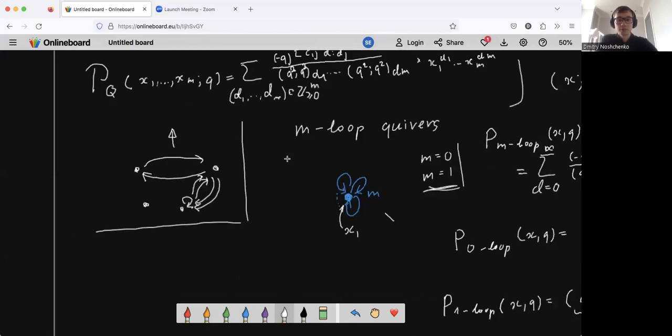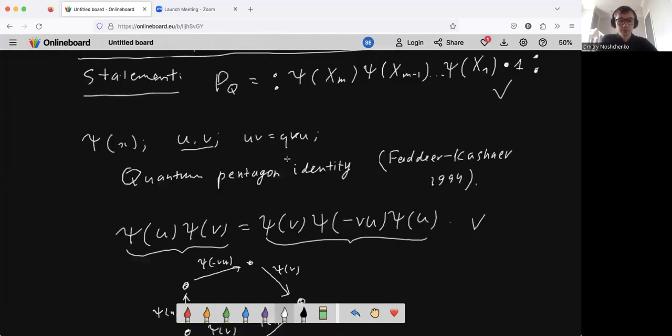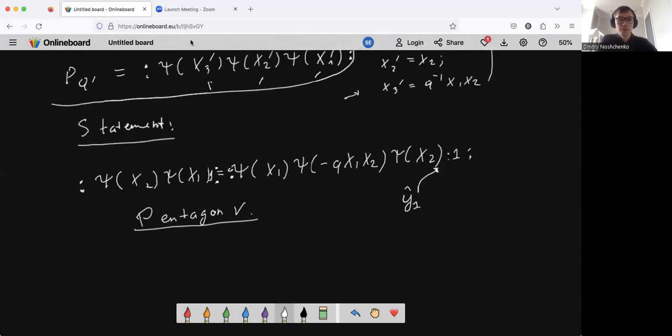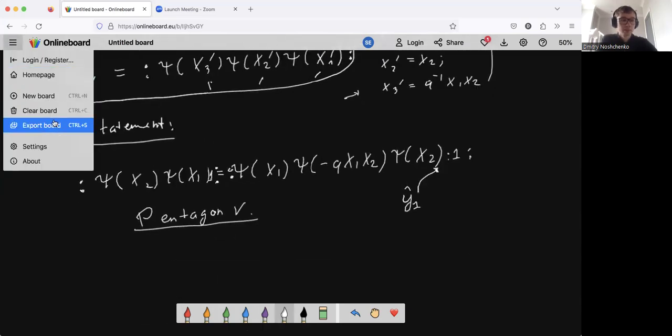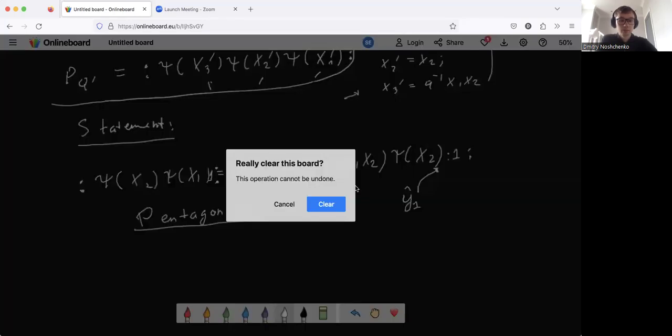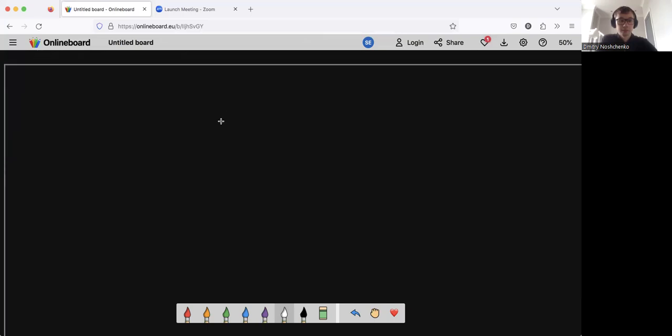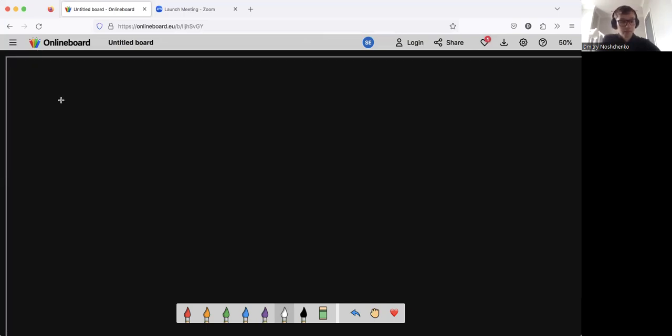So I'm just thinking I'm going to erase that, and maybe I'll just erase the board. So here I'll just write again this pair of quivers. Now we want to make it more general.